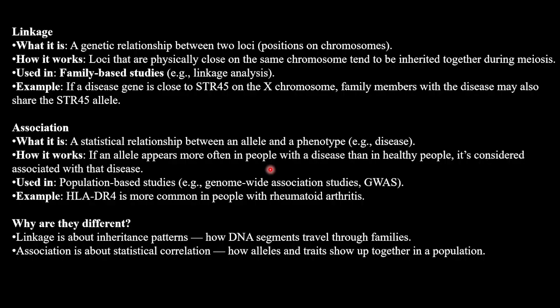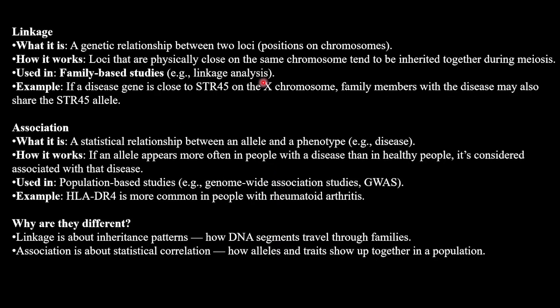How it is traveling in the families. Like in this case, you can say this particular disease gene is close to this allele, so you will find this allele in the family members who are suffering with that disease. That is how DNA segments travel through families.